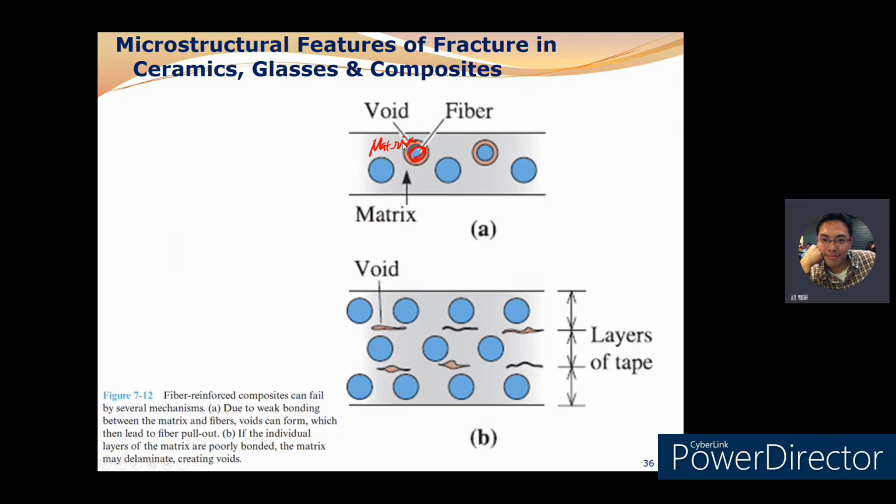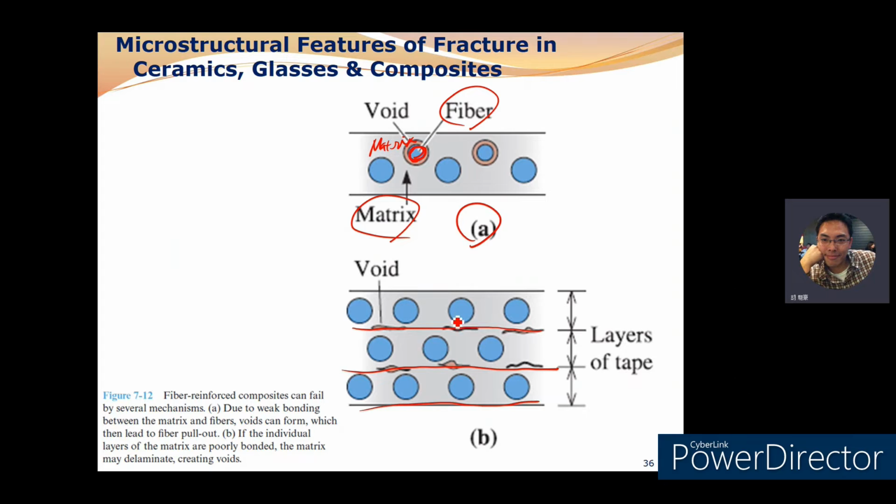So in figure A, the case is the weak bonding between fiber and matrix, right? And the second failure mode of composite is weak bonding between layers. The first layer and second layer and third layer, right?